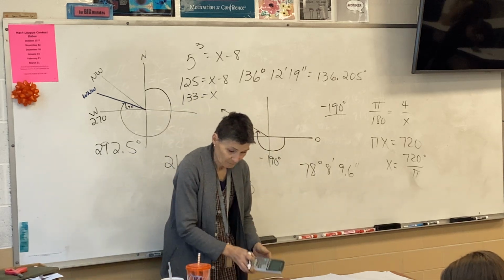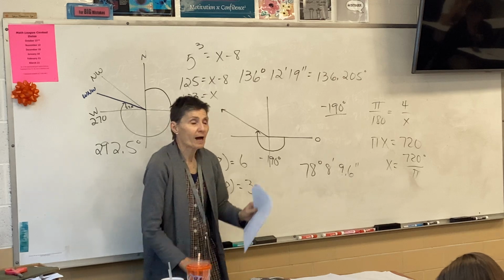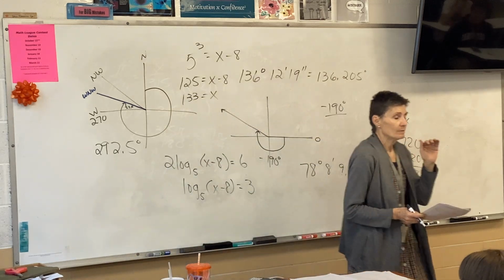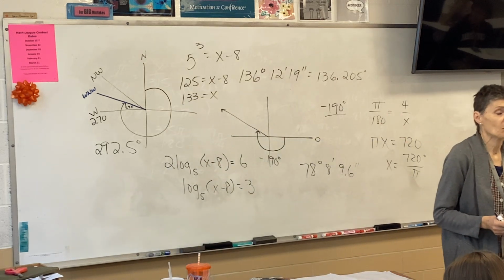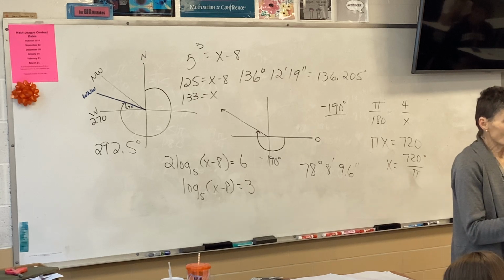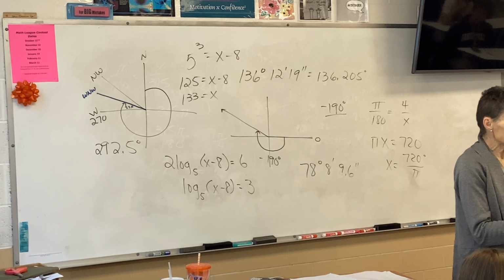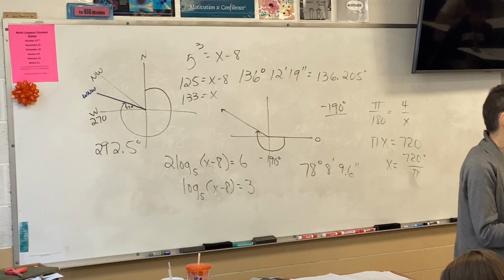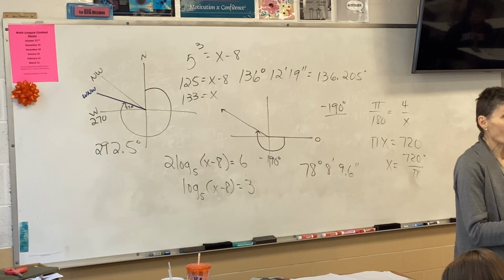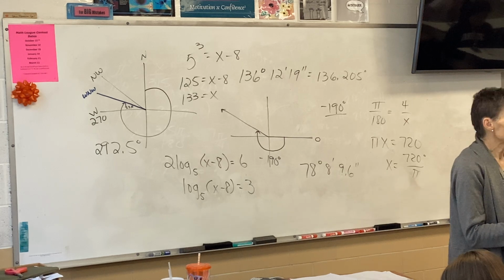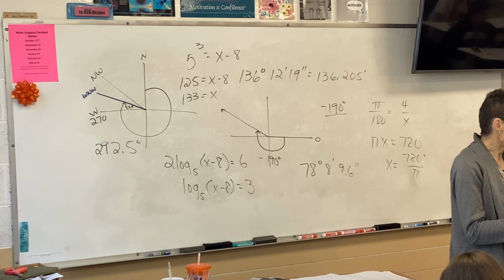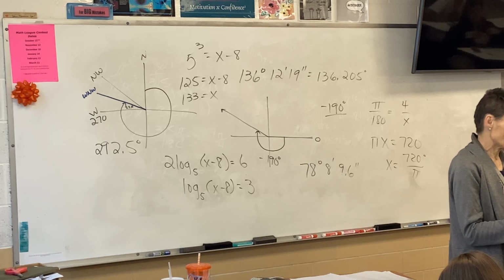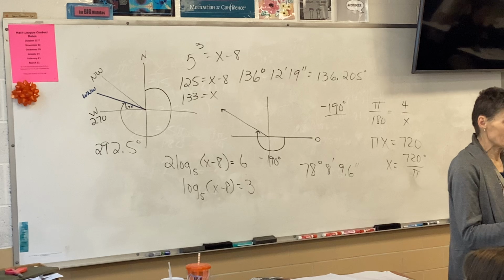Now, this is such a simple thing, but it's such a big deal. Notice, problem A is secant 10 degrees, but problem D is cosine pi over 9. That isn't degrees, that is radians.